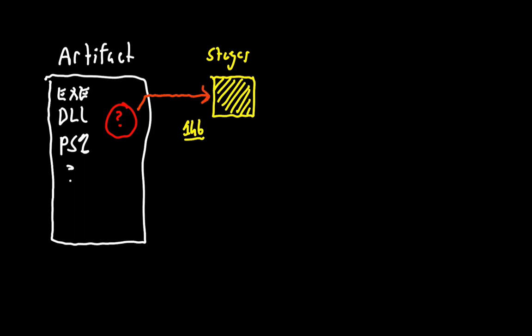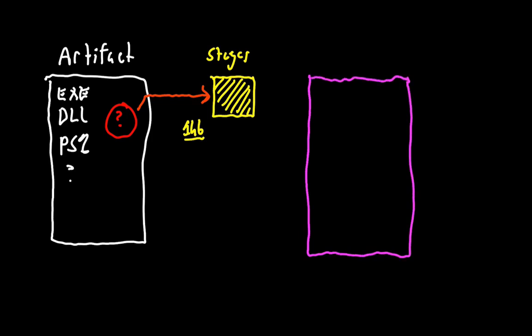And what a stager does is reach out to the internet and download a payload stage. And this is the actual beacon DLL. So it downloads the payload stage and passes execution to it at position 0.